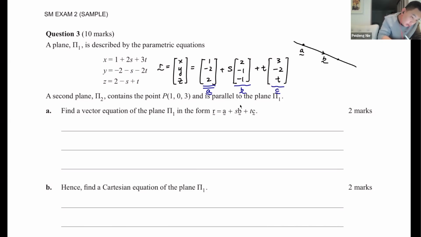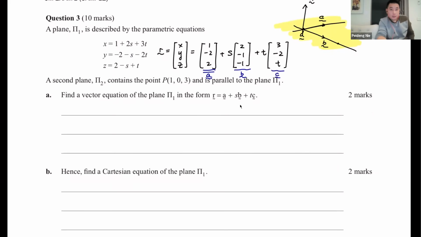This is B, this is C, and you can find a perpendicular vector to B and C, okay? And they're intersecting at point A. So that's how you define a plane here, which I'm shading in yellow, okay?